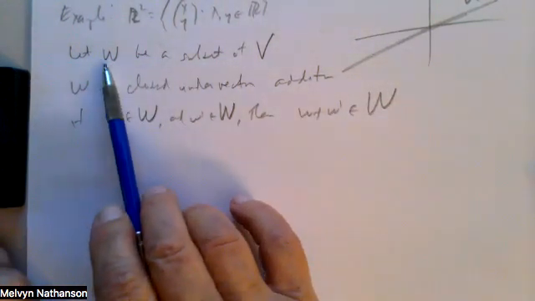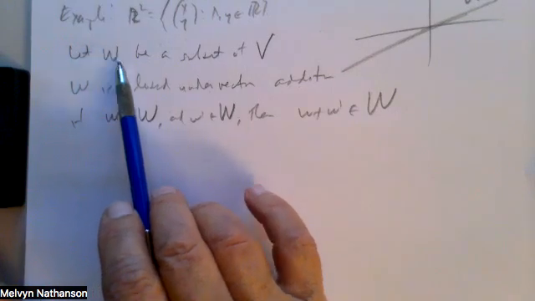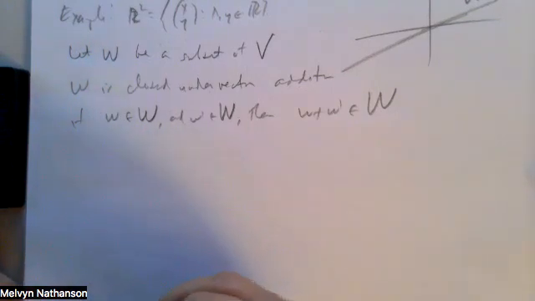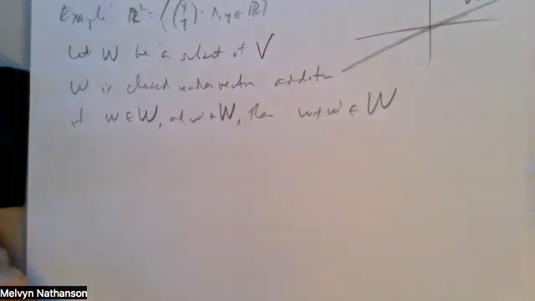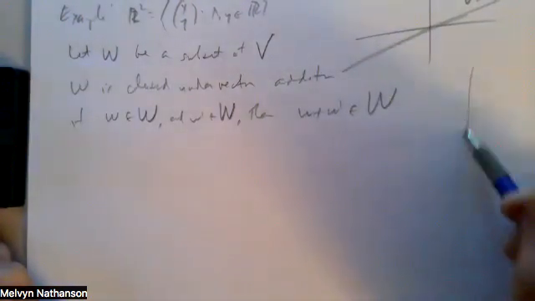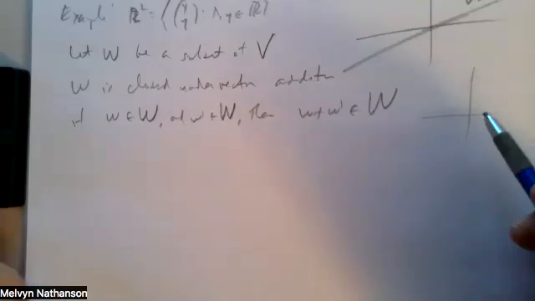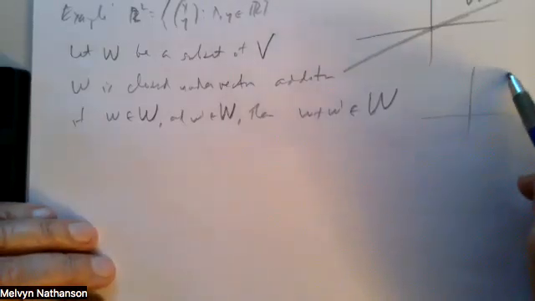If you take two vectors in W, the sum might not necessarily be in W, but if it is, it's closed under vector addition. What's an example of a set that's closed under vector addition?